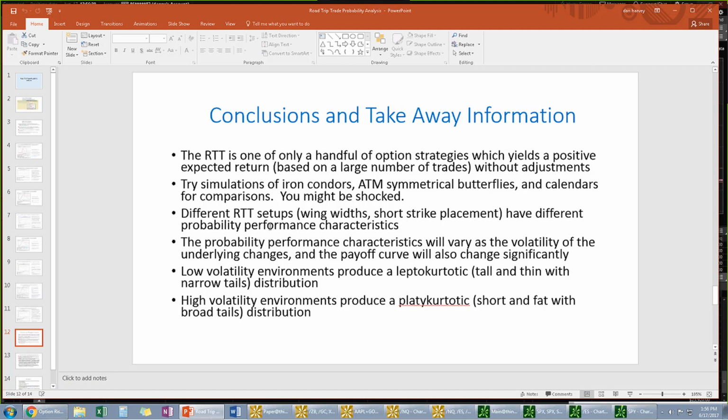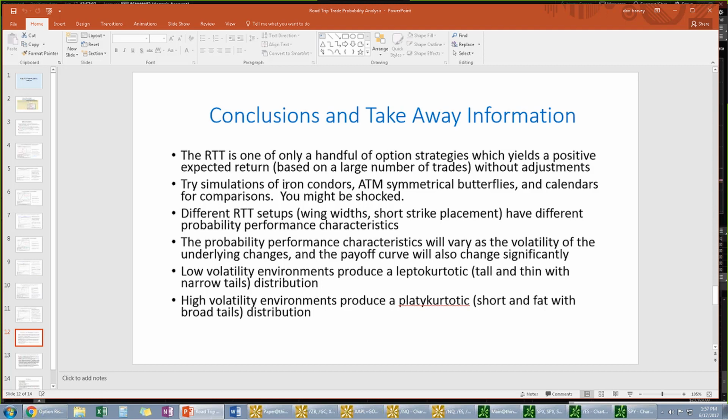And I would recommend for homework that you try some simulations using this simulator of condors, either iron condors or regular condors. You can try some at-the-money symmetrical butterflies. I think you'll be really surprised there. They're really not very good on a probability basis. Calendars are terrible. Diagonals are a little better.